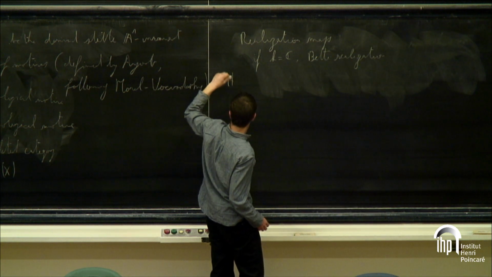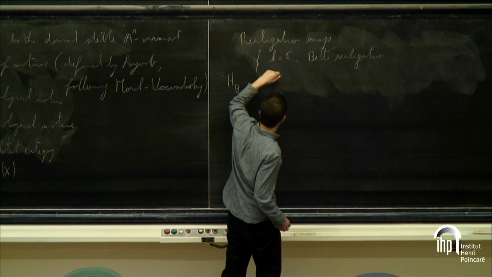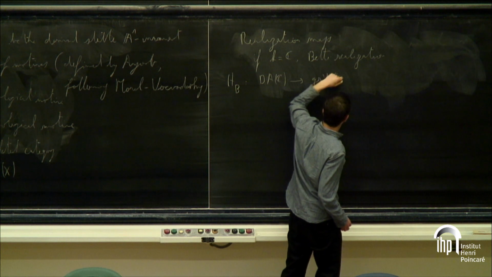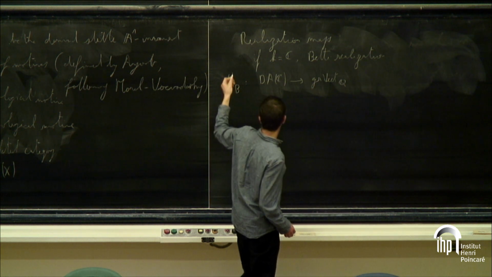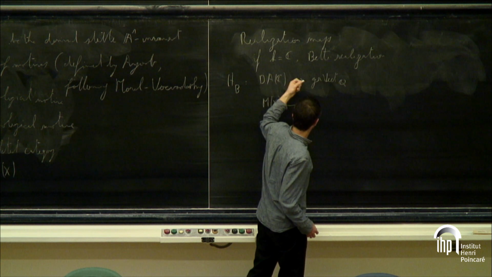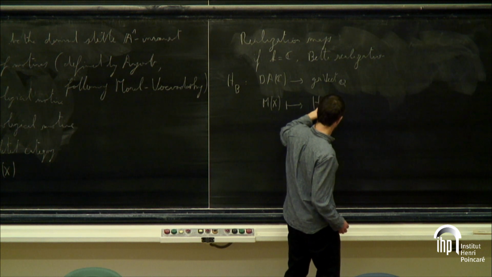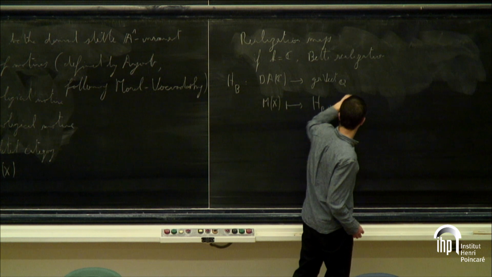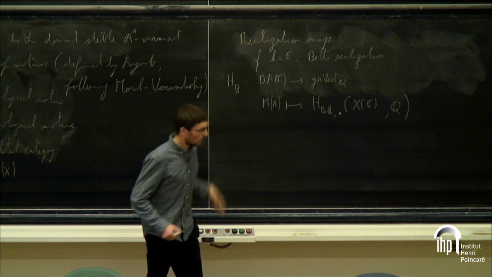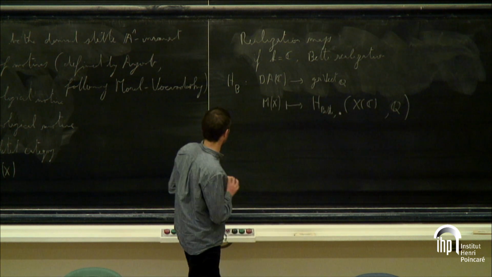It will be a functor, let's say H_B, from dA of C to Q-vector spaces, and it sends the homological motive of a variety X to the direct sum of all the Betti cohomology groups of X(C). So if you want, you can just think of motives as really a kind of homology theory or cohomology theory.